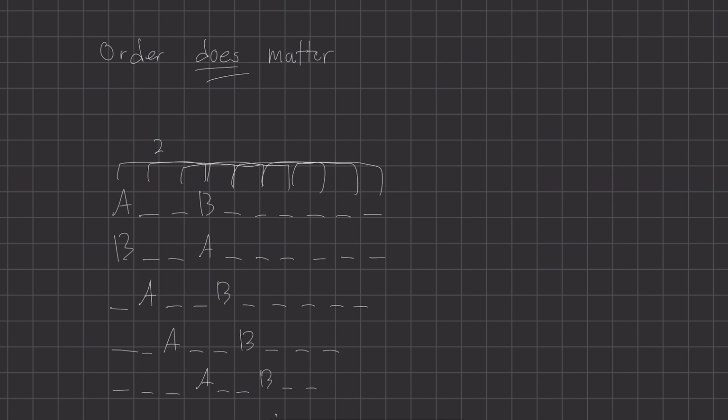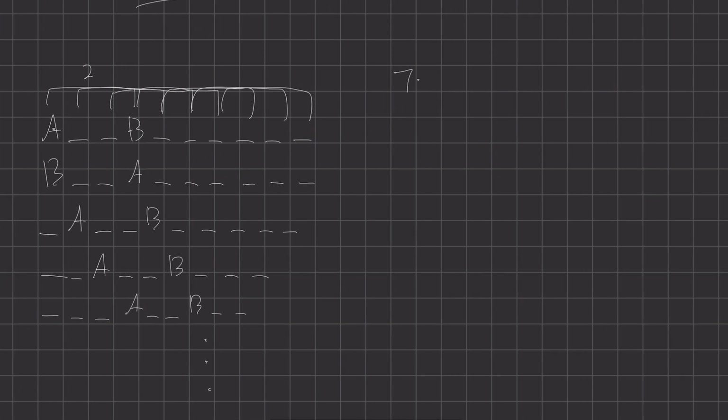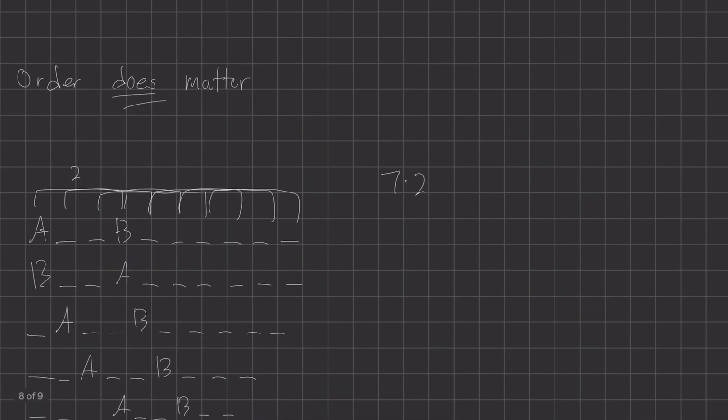I meant 1, 2, 3, 4, 5, 6, and 7. Okay, we have 7 of those. But we know that for each of those, there is a duplicate because we also have AB and then we have BA. 7 times 2.